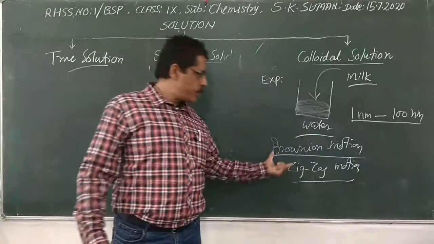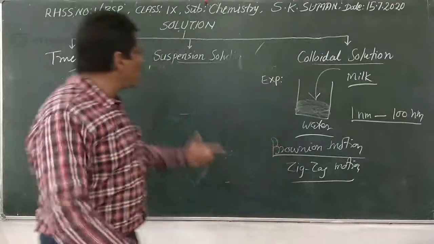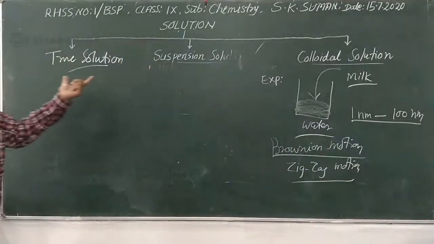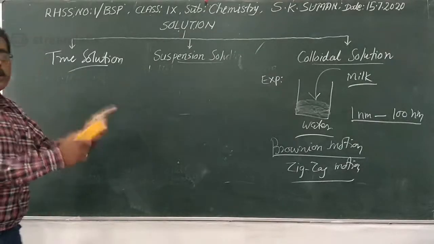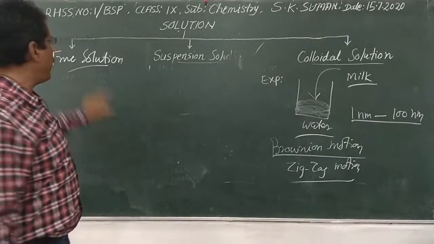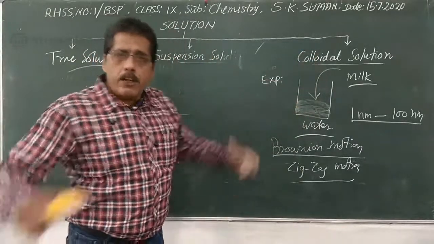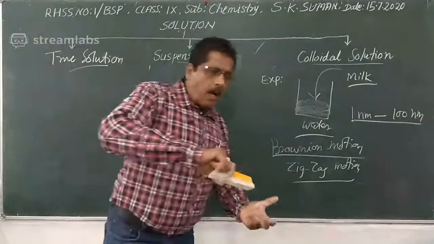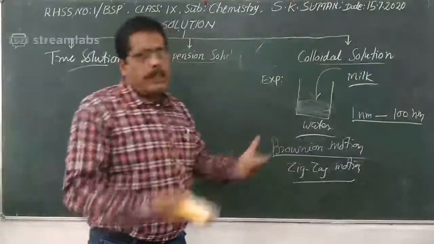Now let's discuss the size of the particle. The size of the particle is small here also, but in comparison with true solution, it is a little bit bigger. You can't see the particles through your naked eye, because the size is still small, between 1 nanometer to 100 nanometer.